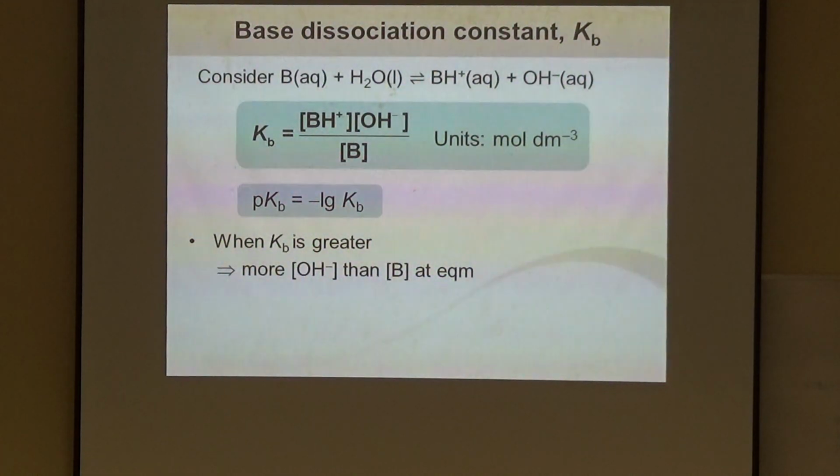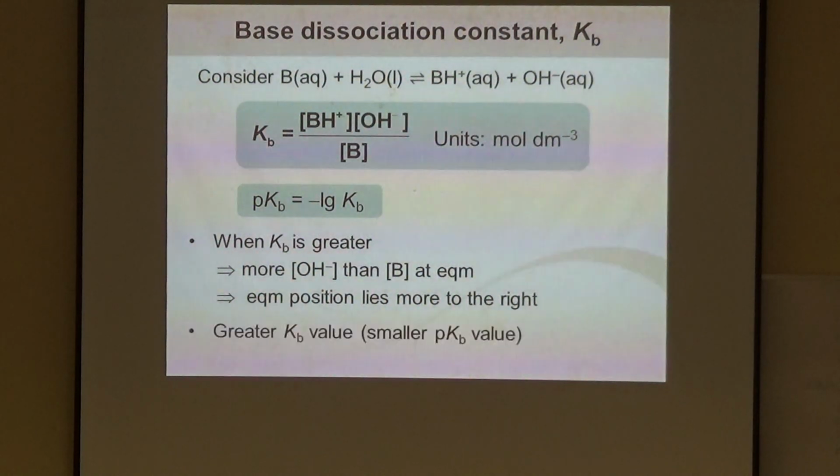So when Kb is greater, position of equilibrium lies more to the right, there is more OH minus. If you have a greater Kb value, there will be a smaller pKb value.